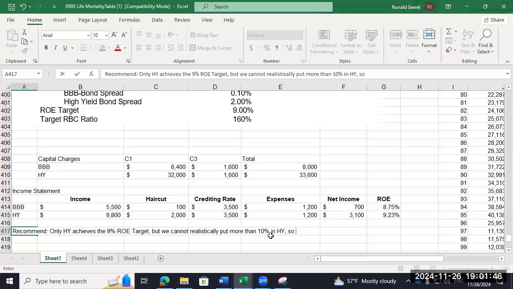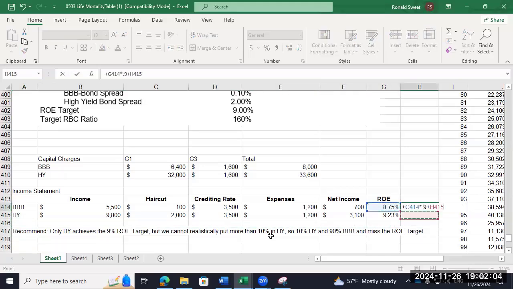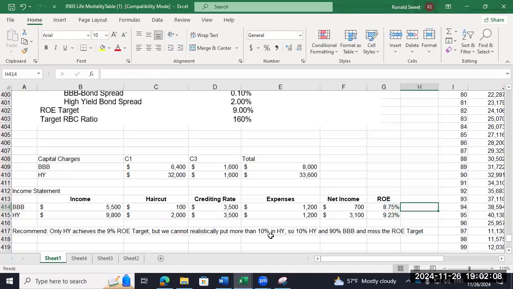So 10% high yield and 90% triple B, and miss the ROE target. How much would you miss it by? Well, you can do the math. The triple B ROE times 0.9 plus the high yield ROE times 0.1 gives you 8.8%. You're going to miss it by a bit.